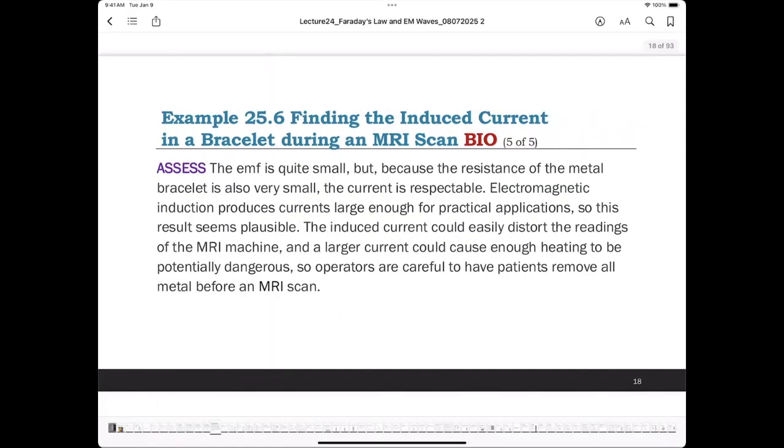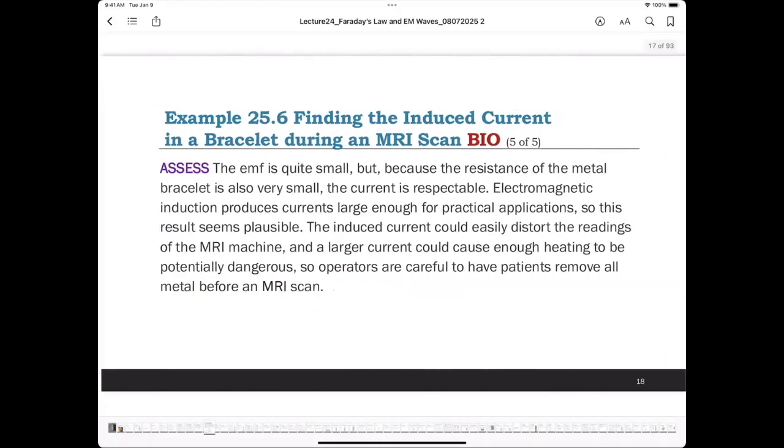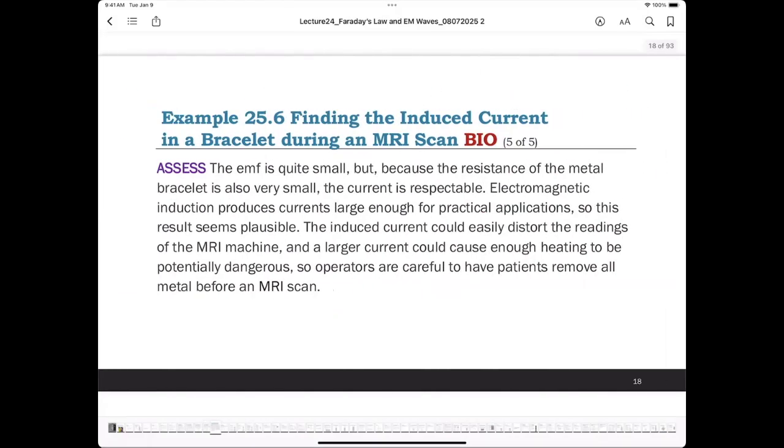Let's assess this result. The EMF is quite small, but because the resistance of the metal bracelet is also very small, the current is respectable.